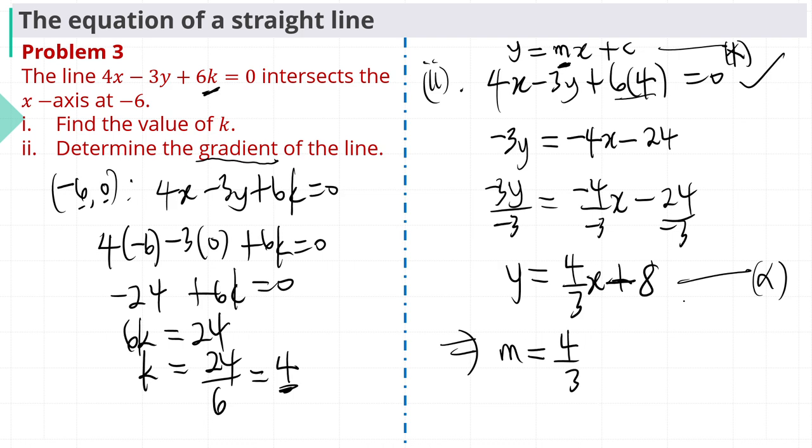This is the gradient of the straight line. So we are done solving question II. If we are asked to write the y-intercept, the y-intercept c is equal to 8.